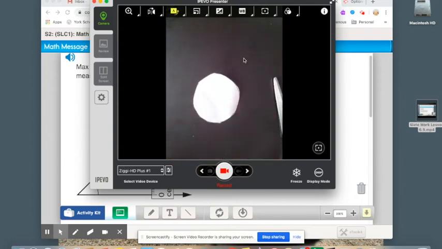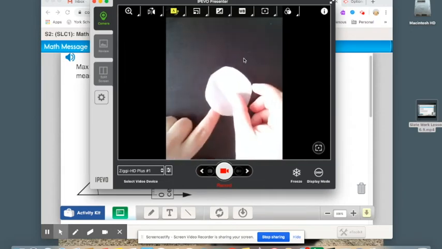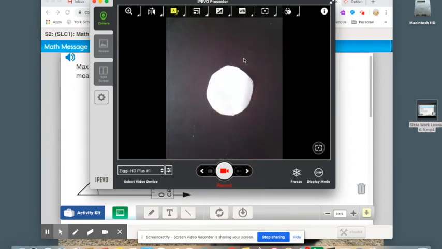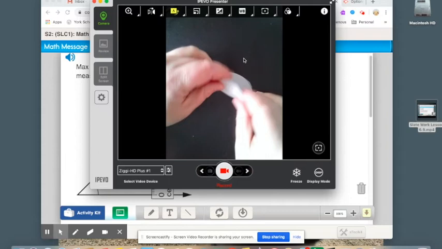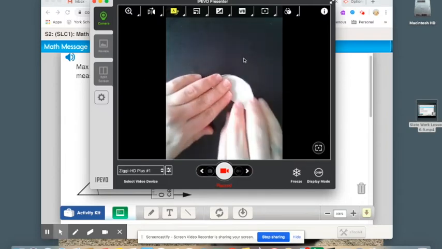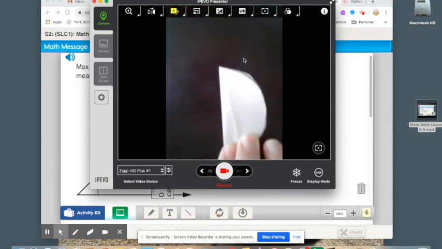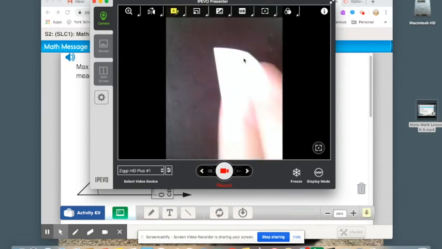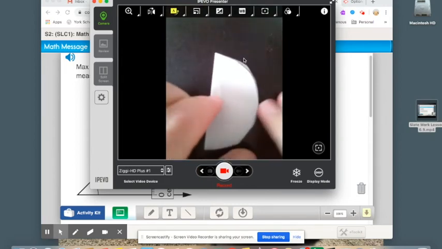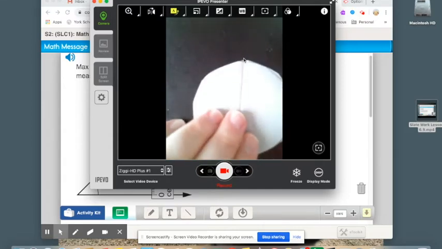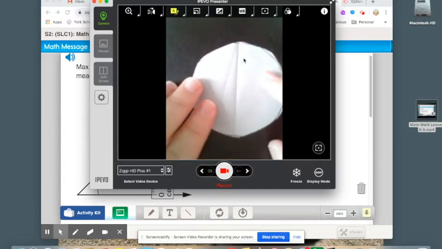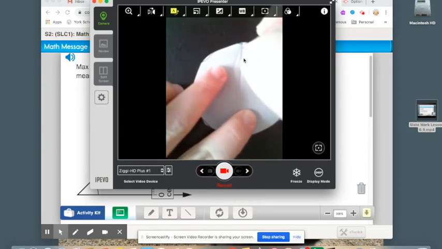All right, so you have your piece of parchment paper. You're going to start by simply folding your circle in half. Now I'm going to zoom in. So you have a half circle. Open your circle up and you'll see the nice fold there. You're going to make two measurements.